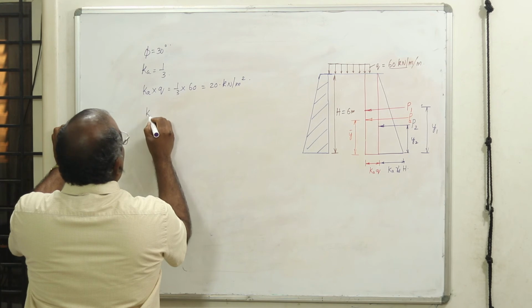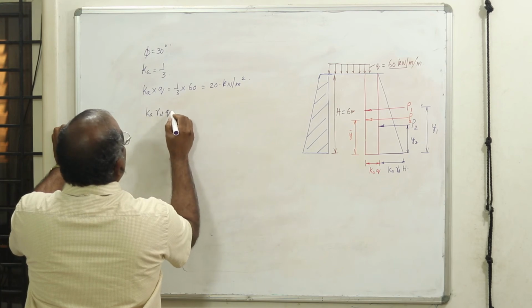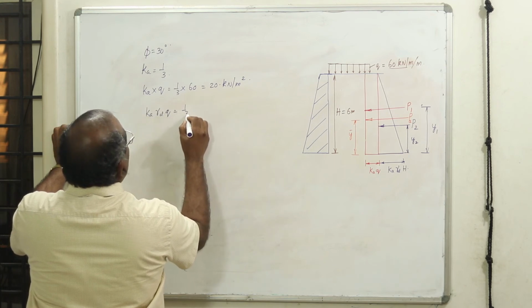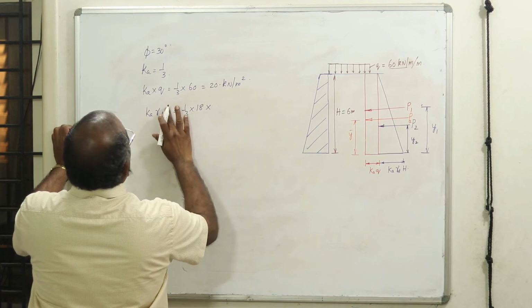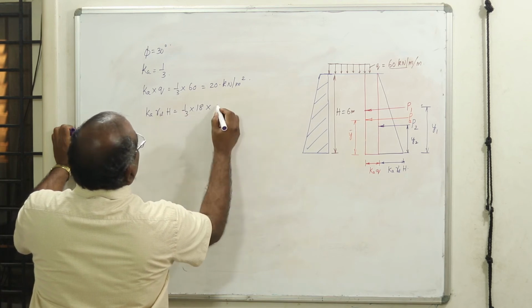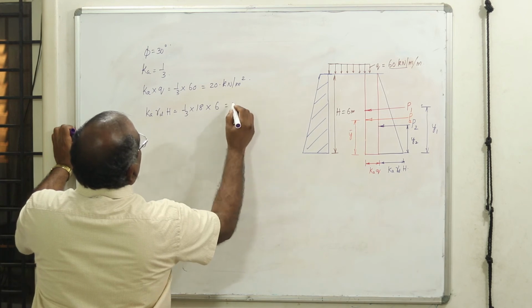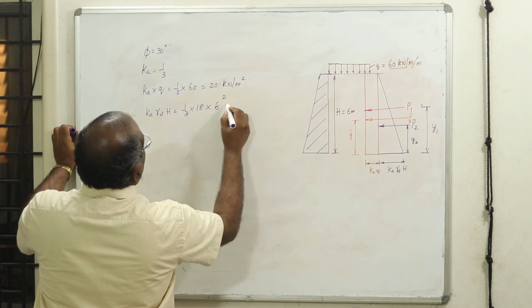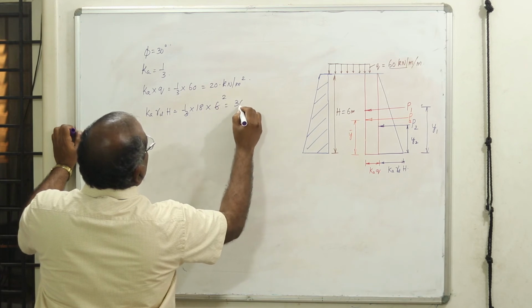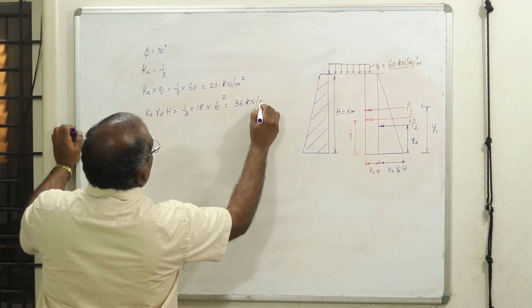Then K into gamma D into H is 1/3 into 18 into 6, which is 36 kilonewton per meter square.